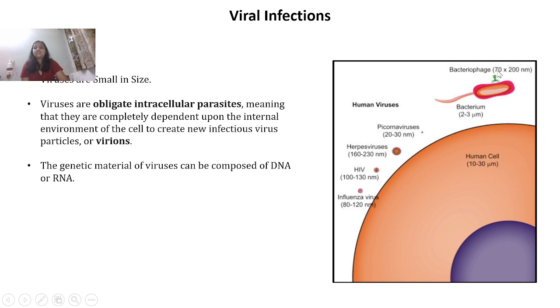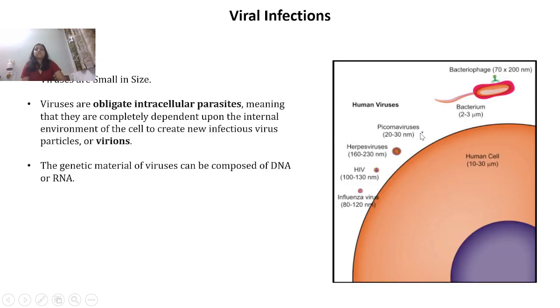Then this is bacteriophage, I hope you know. It is a virus which is capable of killing the bacteria. Here the bacteria size is 2 to 3 micrometer, and here the bacteriophage size is much smaller, and it is 70 into 200 nanometer.